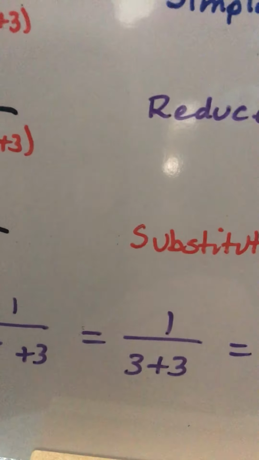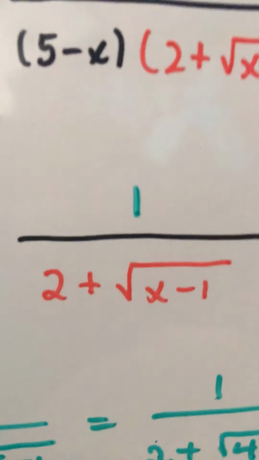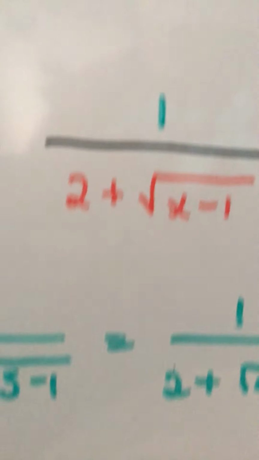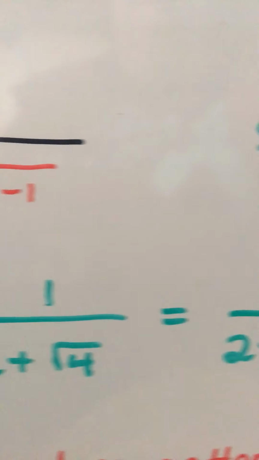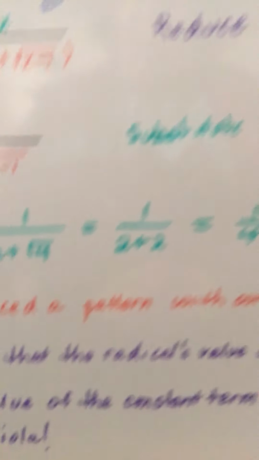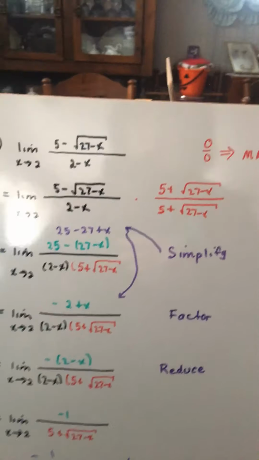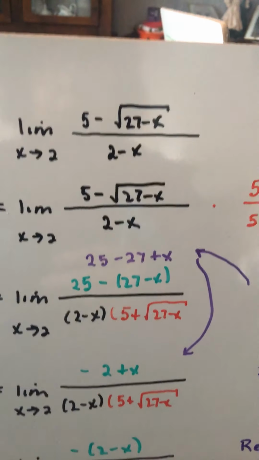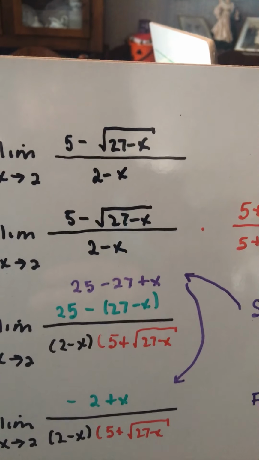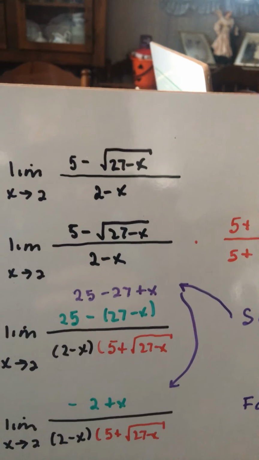And what did the radical become? 3. What was the constant term in the radical down here? 2. And what did the square root become? 2. Voila. All right, that is always going to happen when you need to rationalize and you have 0 over 0 and you multiply by the conjugate.